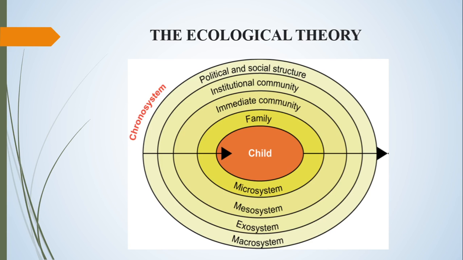The ecological theory: child, then you get the microsystem, mesosystem, exosystem, and macrosystem. That is family, immediate community, institutional community, political and social structure, that is what you call chronosystem.